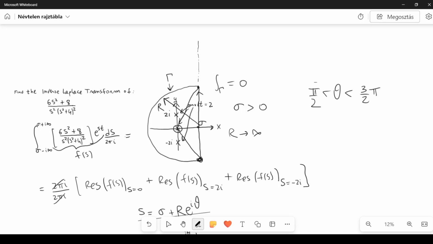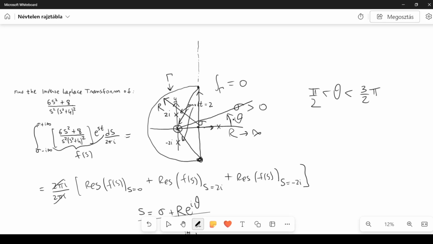Theta is the angle measured from the real line, moving like this.